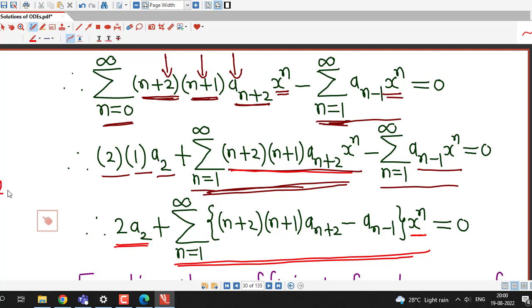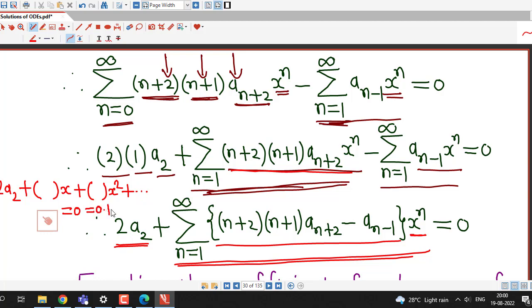We can see that I have constant term 2a2. If I take n equal to 1, I will have some quantity into x. If I take n equal to 2 here, I will have some quantity into x square, and so on, that is equal to 0, which I can write as 0 plus 0x plus 0x square.